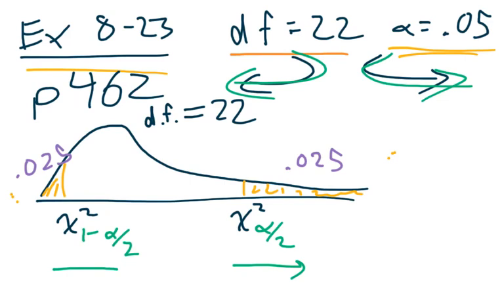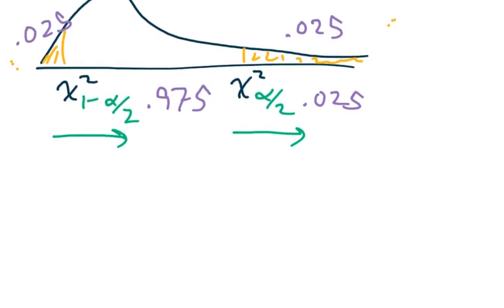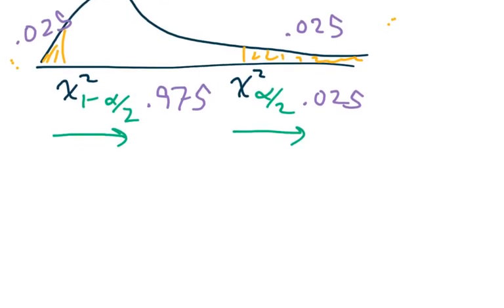And similarly here, we're talking about a right area, and so that's why we have 1 minus alpha divided by 2. Let's go ahead and write down what these are specifically. So that would be chi-squared 0.025, and over here we would replace 1 minus alpha over 2 with 0.975.